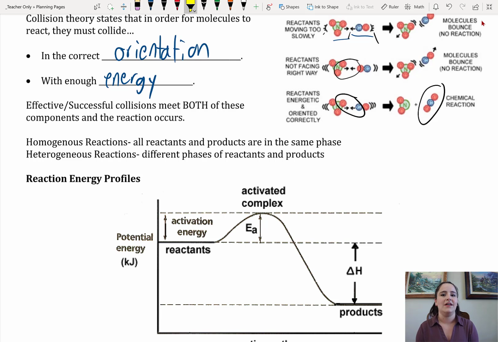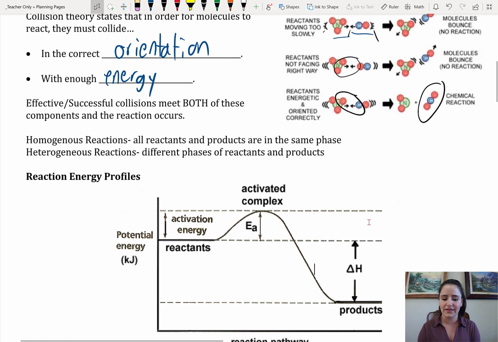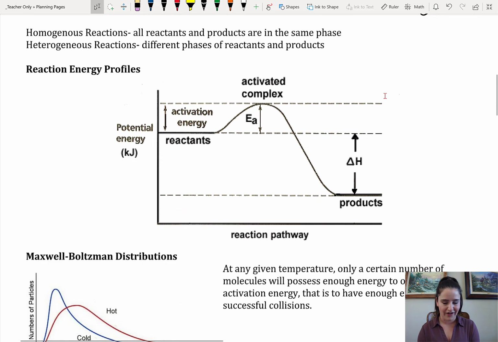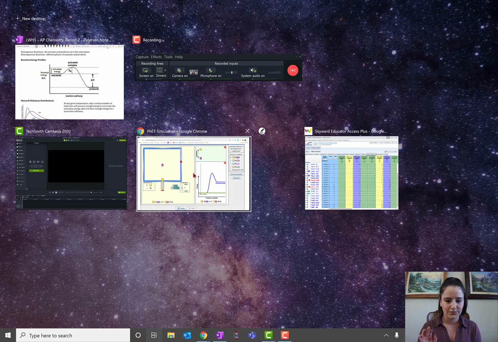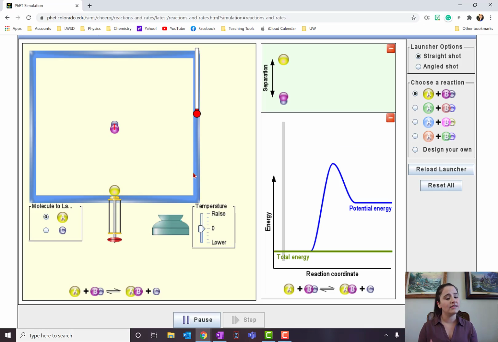And when we're talking about this, we will often quantify it with a reaction energy profile. So let me show you kind of what these are. So this is the PhET simulation on reactions and rates.